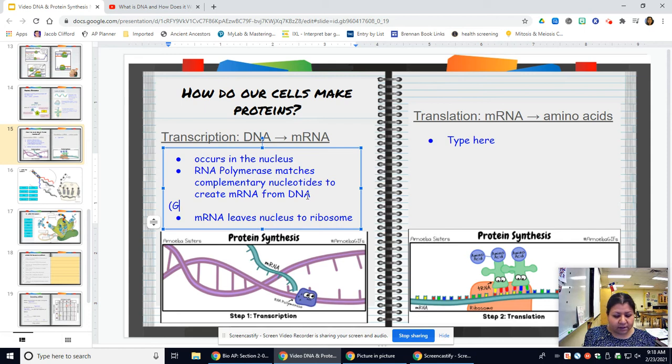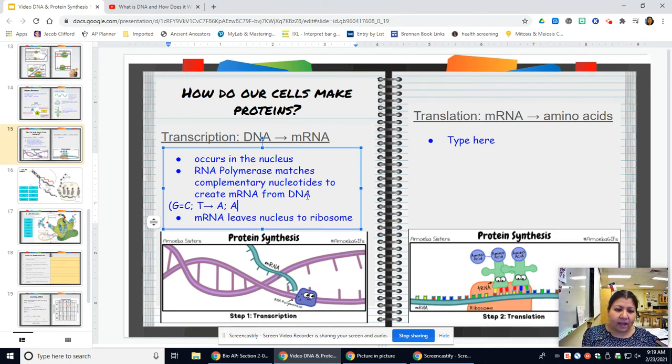G matches with C. I'm going to put that first because that does not change. If you have G on the DNA, you're going to make C on the RNA. If you have C on the DNA, you're going to make G on the RNA. T is going to go to A. So if you have T on the DNA, you'll have A on the RNA.